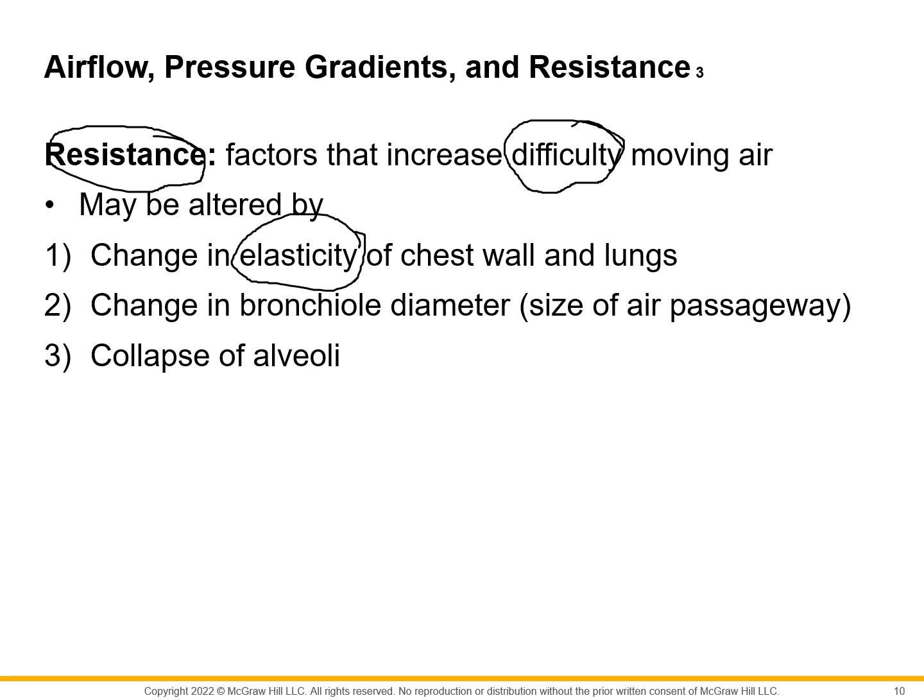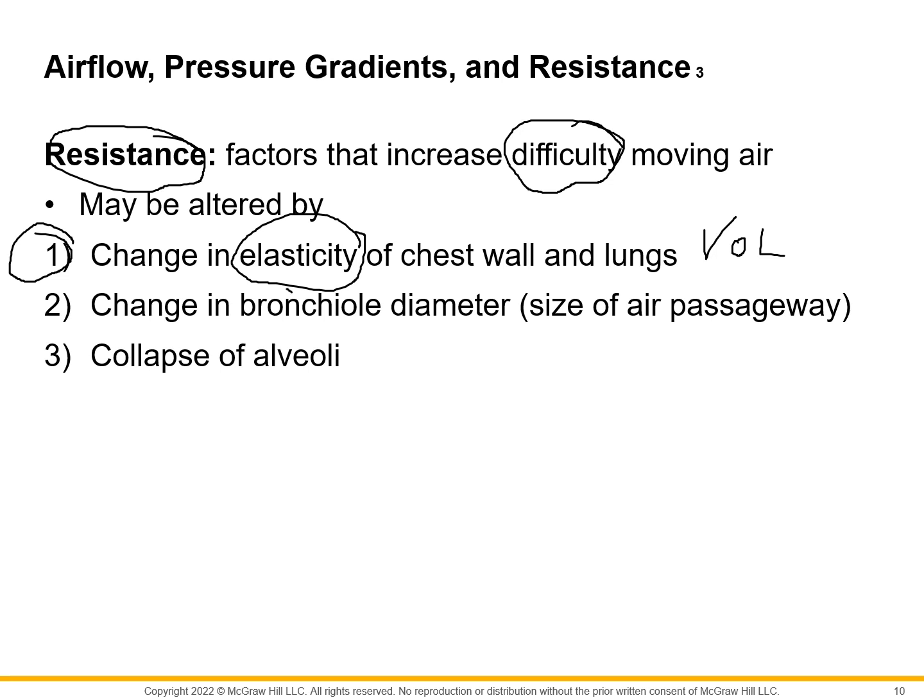So for whatever reason, you are unable to change the volume of the thoracic cavity. That is one variable that could cause resistance. If you can't expand your thoracic cavity, that's causing resistance. If you can't contract your thoracic cavity, that's causing resistance to airflow as well.